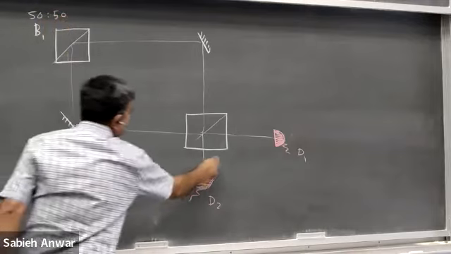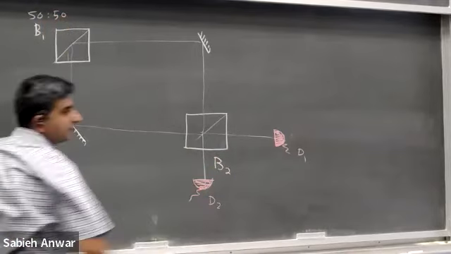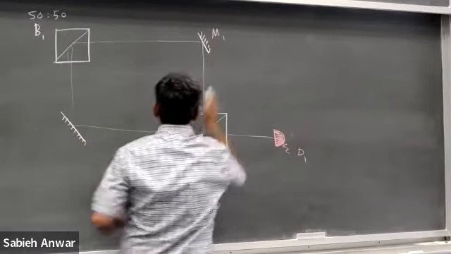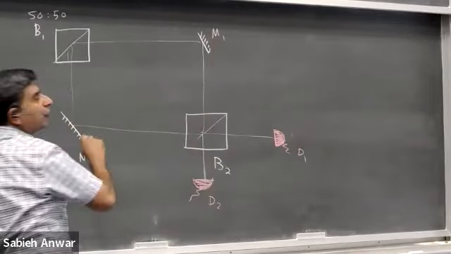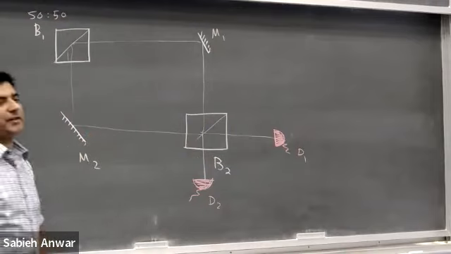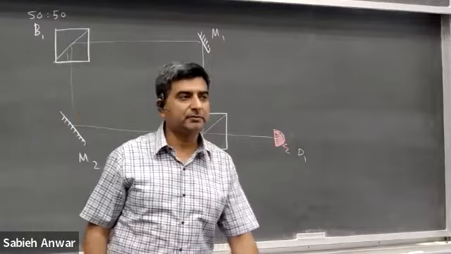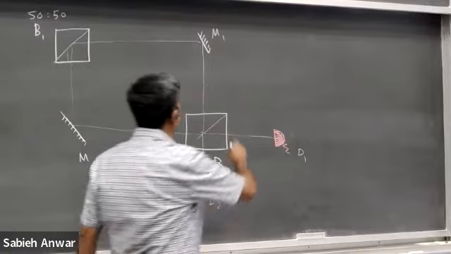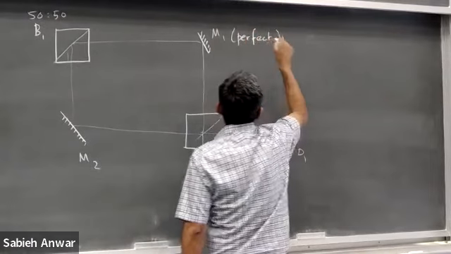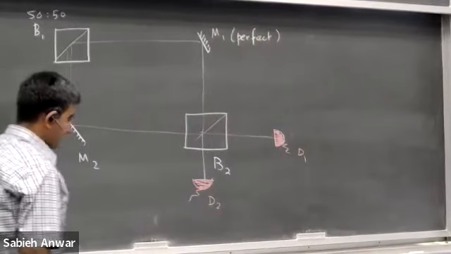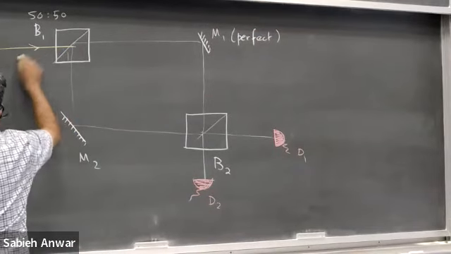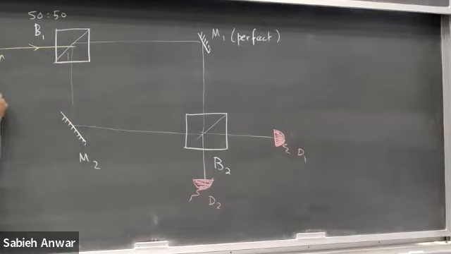This is my identical second beam splitter, B2. And these two devices here are perfect mirrors. So any photon that hits on these mirrors is reflected with 100% efficiency, with 100% likelihood. Perfect mirrors. Now a single photon comes in. This is my single photon coming in.